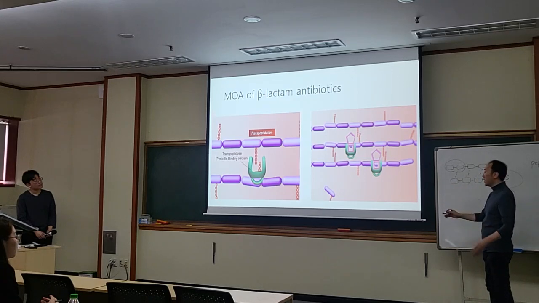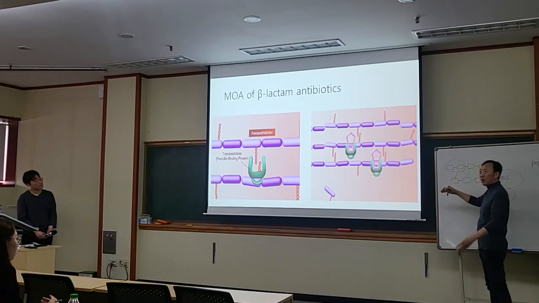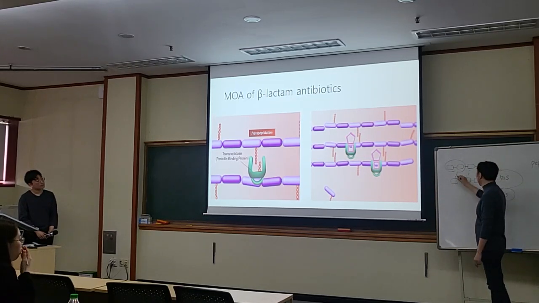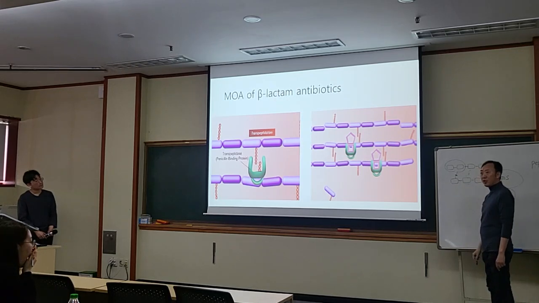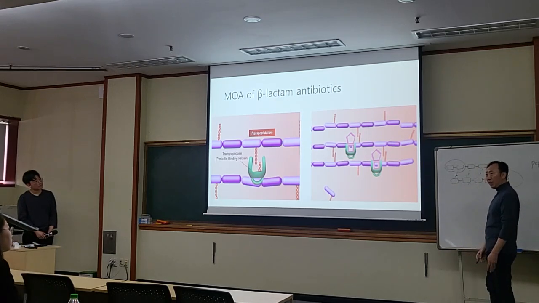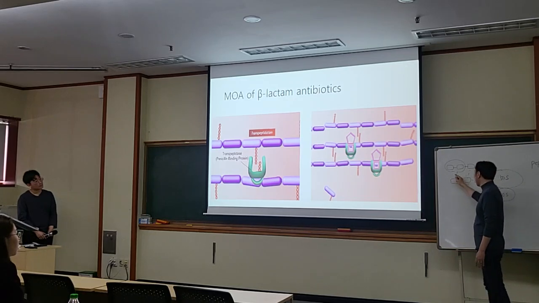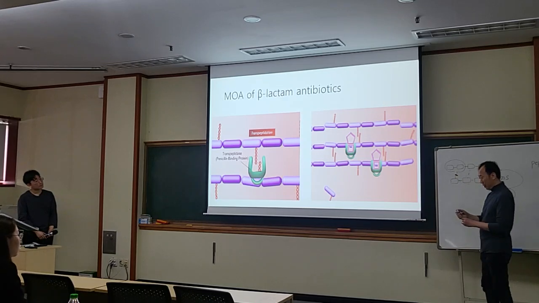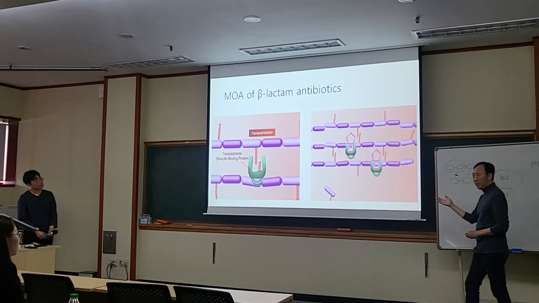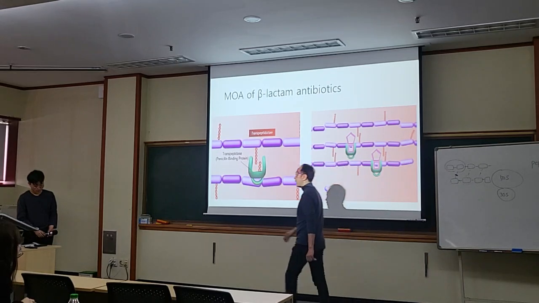If you block it, then they cannot make this block. So that's one way. Or block this linkage. That's another way. Beta-lactam is which way? The second way. So beta-lactam attacks this linkage. So this is one common mechanism for antibiotics.